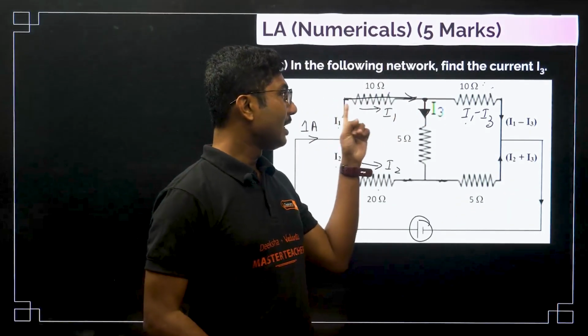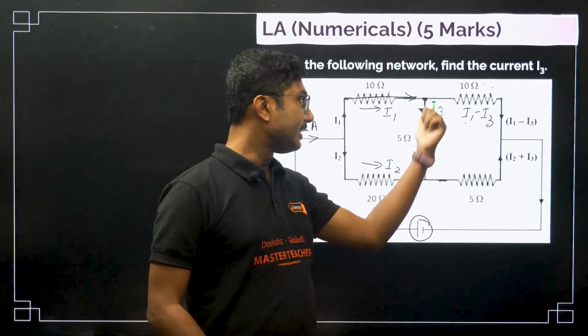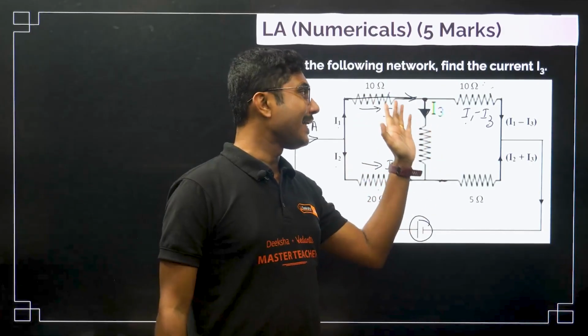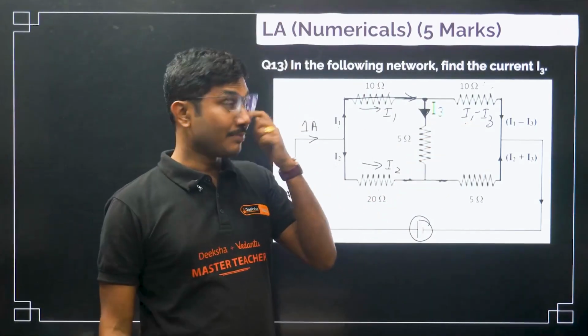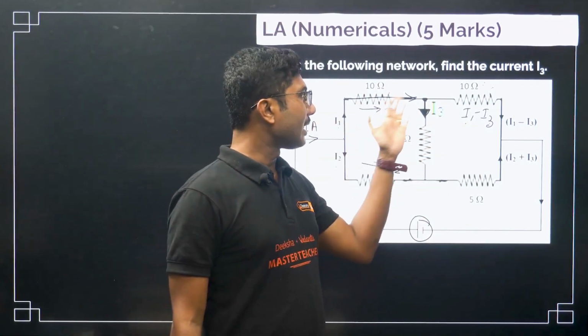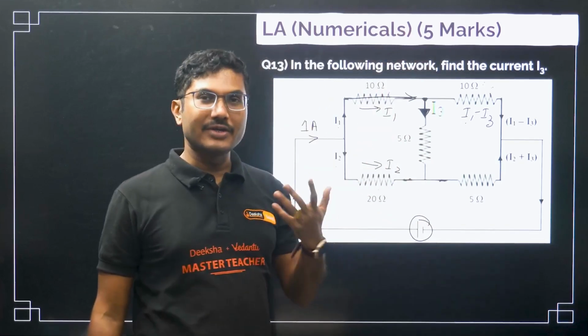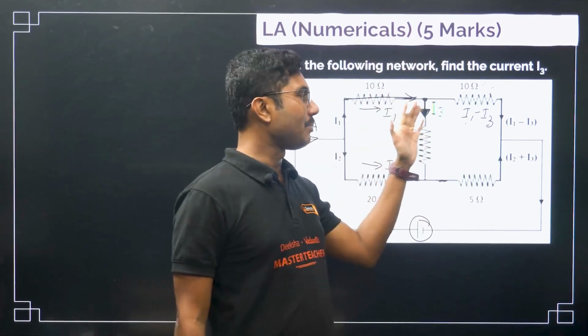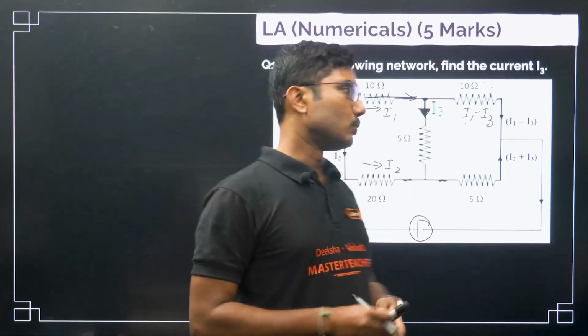At this junction I1 current goes in, I3 current goes out, so the remaining I1 minus I3 current must go through this. For example, if 5 ampere current goes in, 2 ampere goes out, that means there are extra 3 ampere current. So that 3 ampere current must go through the other resistance. This is how you figure it out.